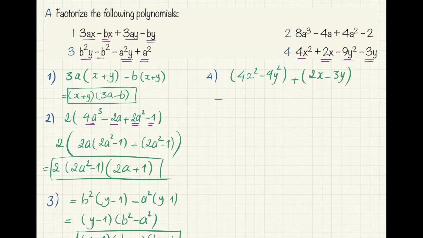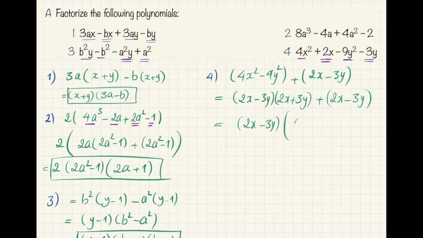But then you immediately see that this one can be factorized using a conjugate pattern. That's the difference of two complete squares, yes? So then it becomes 2x minus 3y times 2x plus 3y, and then I will have plus 2x minus 3y. Now you immediately see that this grouping was successful because now I have this common factor. So I can pull it out, so then it becomes 2x minus 3y.